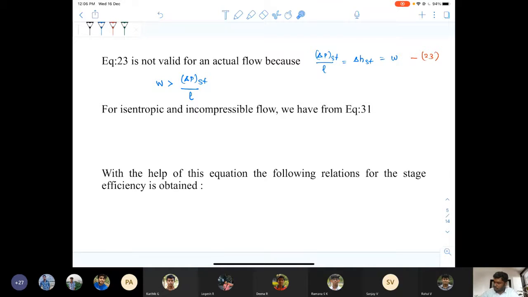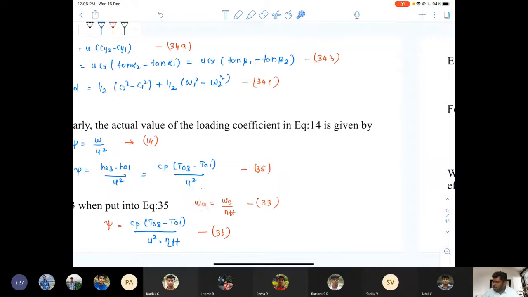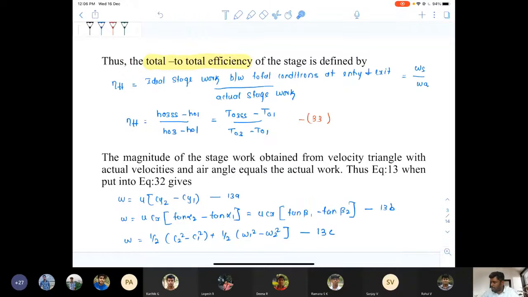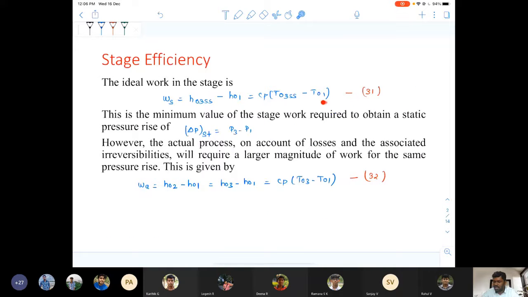Now, if we consider isentropic and incompressible flow, we have equation number 31, which is this equation. This equation is only for an isentropic flow.